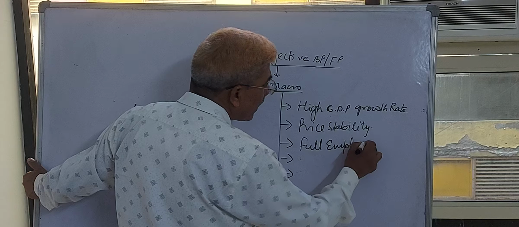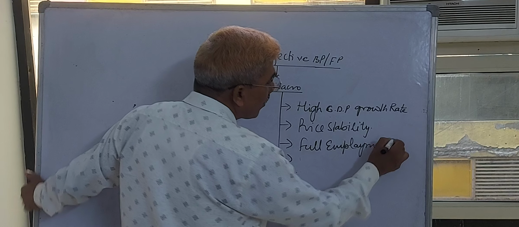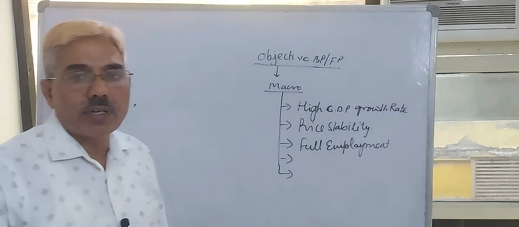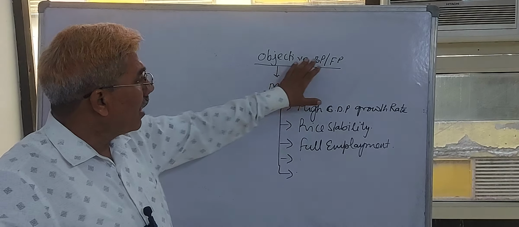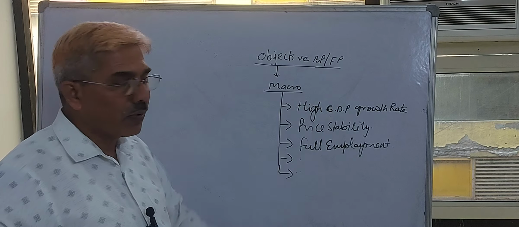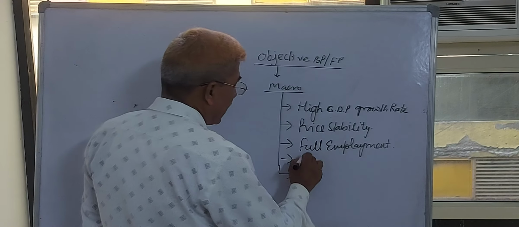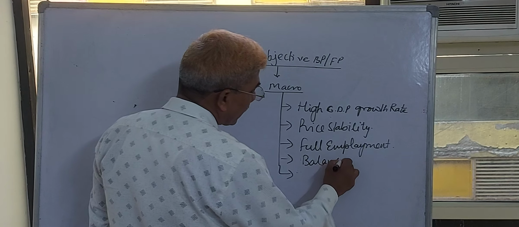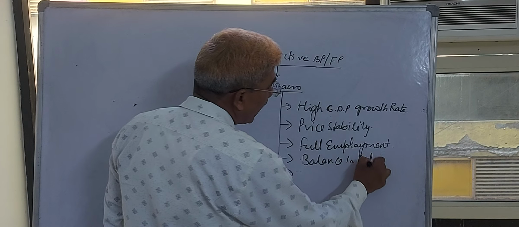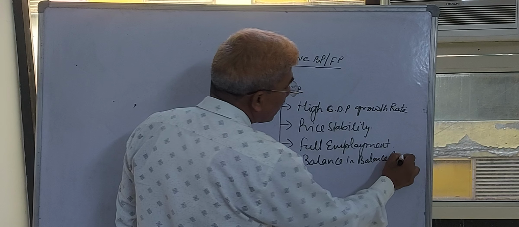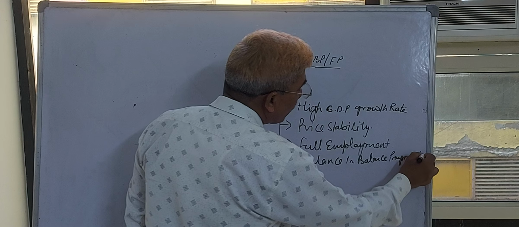We also like to achieve that all factors of production are fully employed by means of our fiscal policy or budget policy. The fourth main objective is balance in the balance of payments.